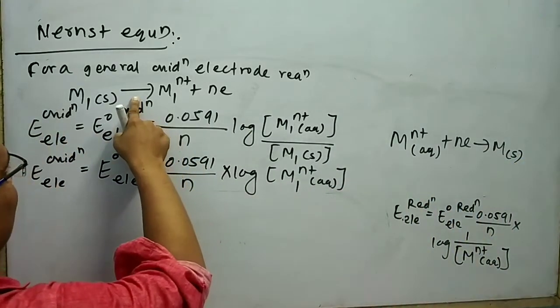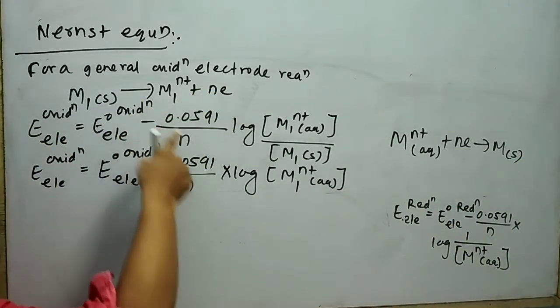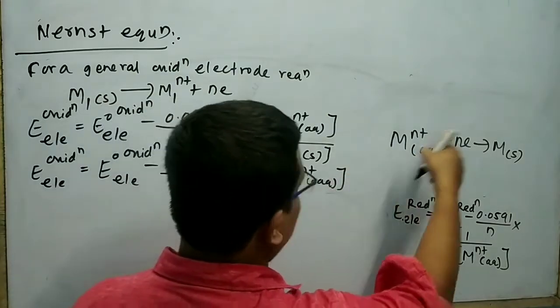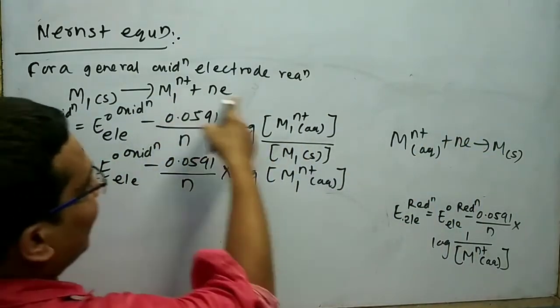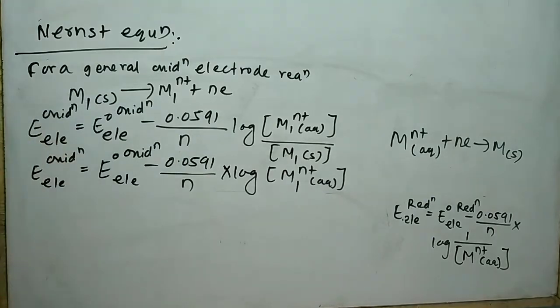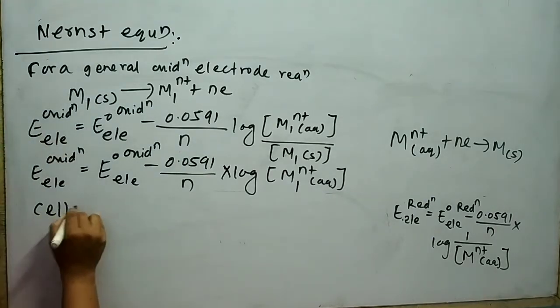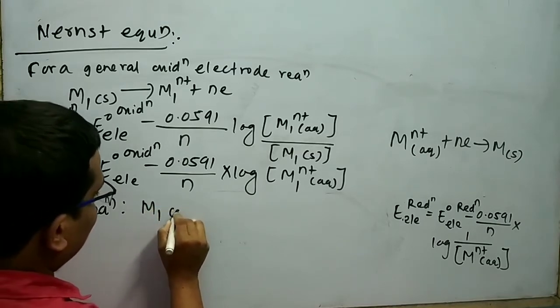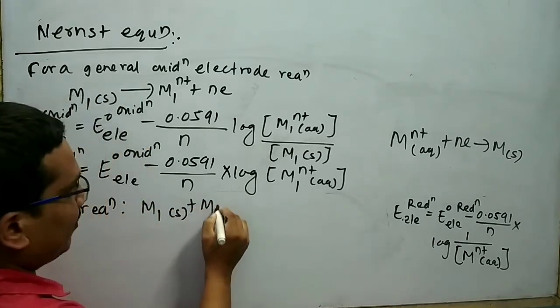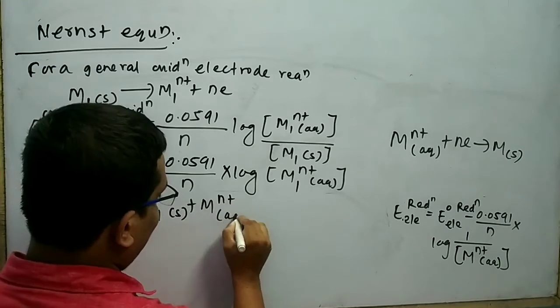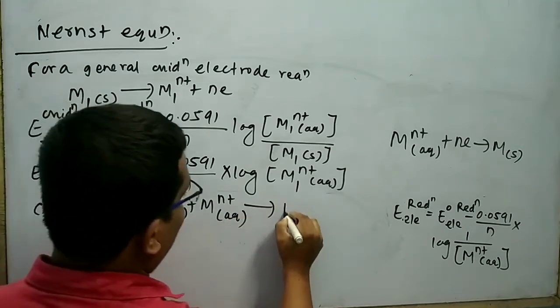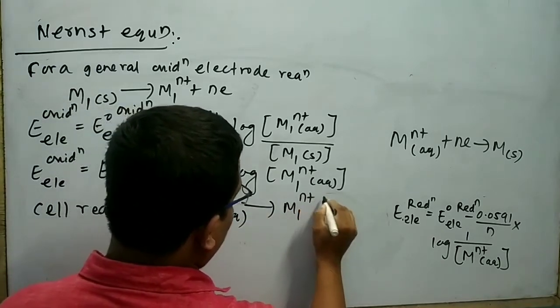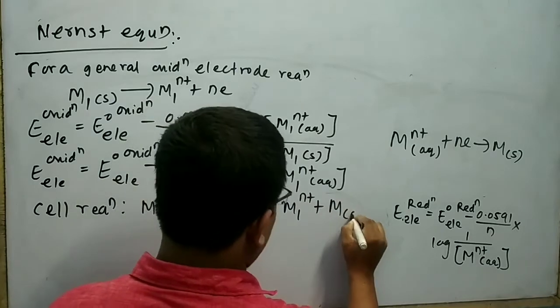This is your general oxidation electrode reaction. This is your general reduction electrode reaction. Now combine these two reactions, then I can write the cell reaction. The cell reaction is your M1 solid plus M n plus aqueous gives M1 n plus plus M solid.